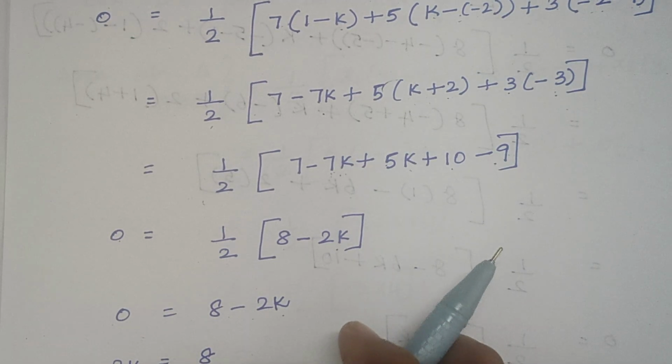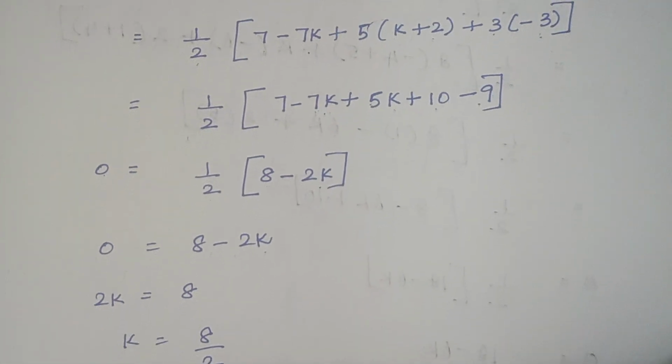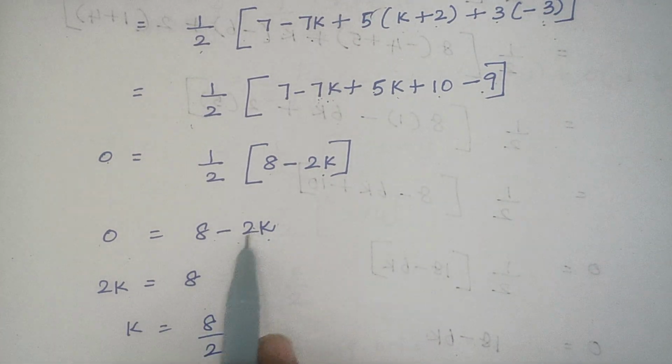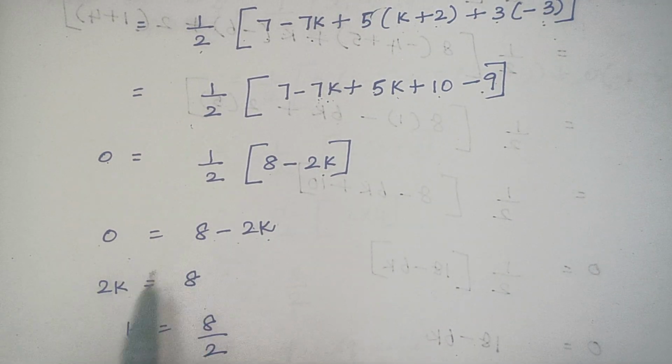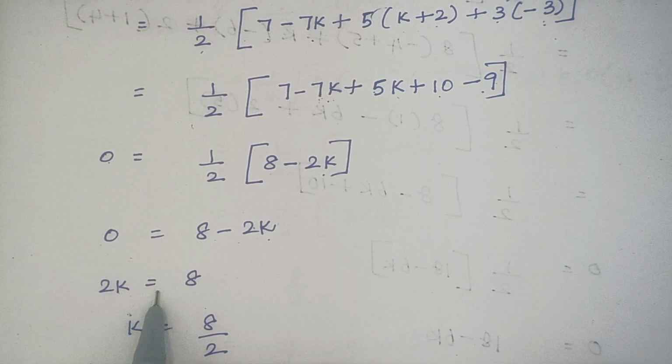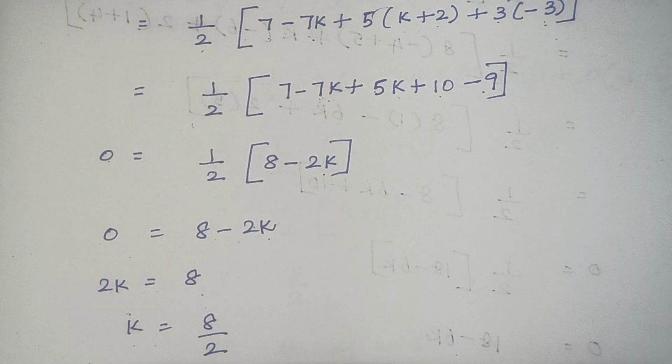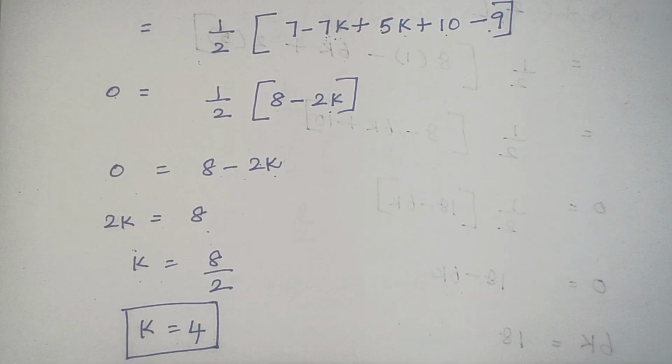Now our aim is to find k. So I am moving this minus 2k to the left hand side so that it becomes plus 2k. So 2k is equal to 8. Therefore the value of k is 8 by 2, which is equal to 4. So here the value of k is equal to 4, right, for these points to be collinear.